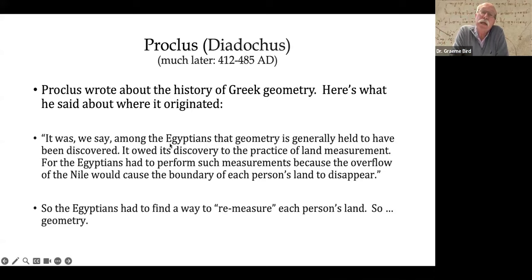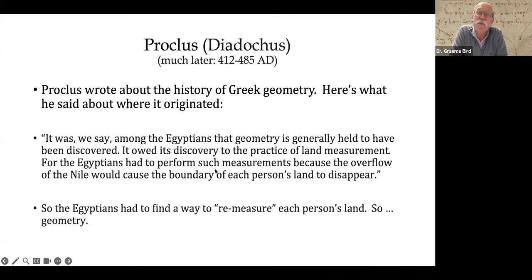But Proclus says that the Greeks got geometry from the Egyptians. And the reason is interesting. I don't know if any of you have been to Egypt, but most of the ancient Egyptians lived near the River Nile, and it would flood every year, and your property would get flooded.